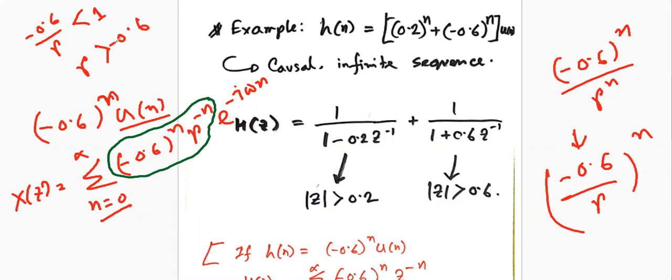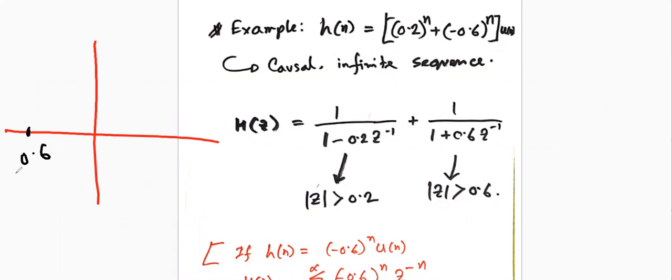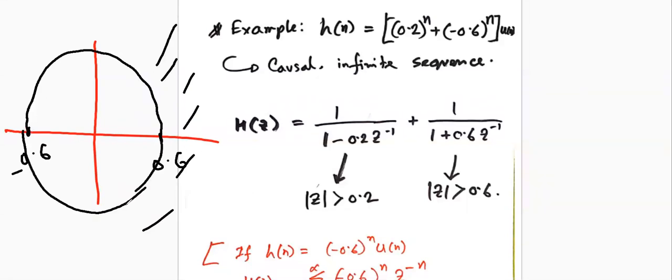If we change the example in a way that this is a plus, in that case r should be more than 0.6. What does it mean? When we are plotting the z domain representation, whether this is the point for 0.6 minus, or this is the point for 0.6 plus, of course, that is a circle, and more than that is the solution.